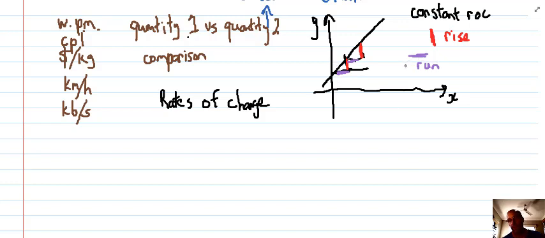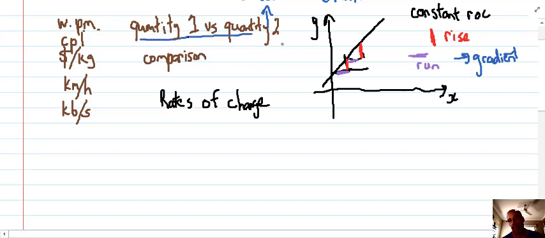And you might have heard rise and run, and essentially that's what it is. It's a comparison of the rise and the run. Now you know that as the gradient. So for a graph of a situation where we have a rate of change of one quantity up against another, we're actually looking at the gradient.